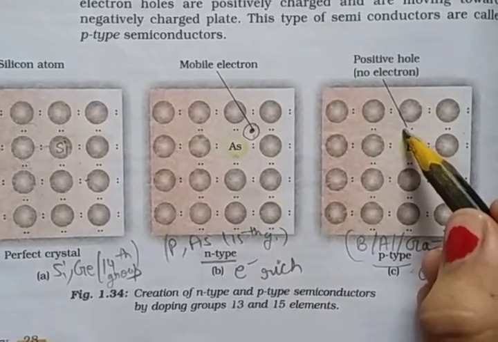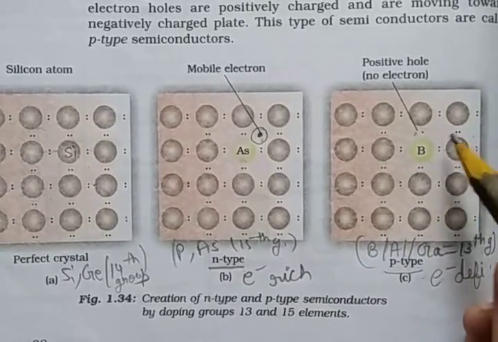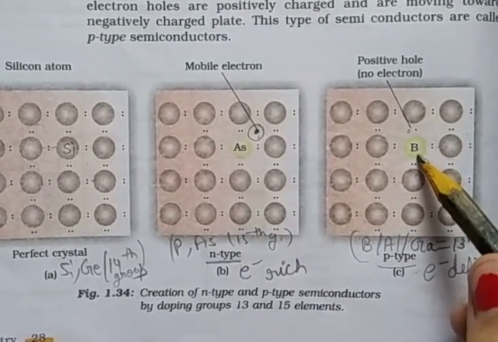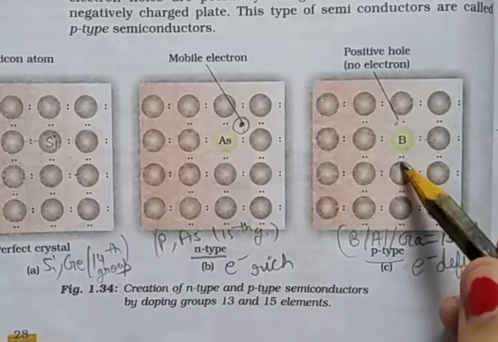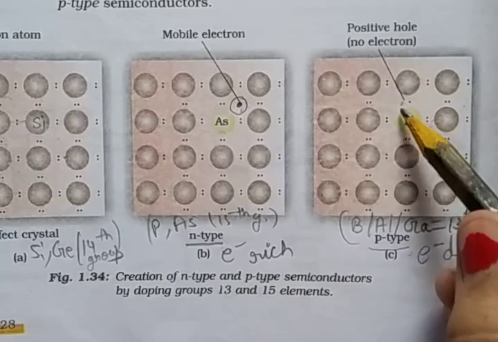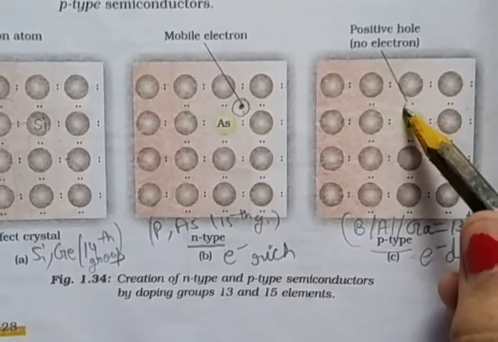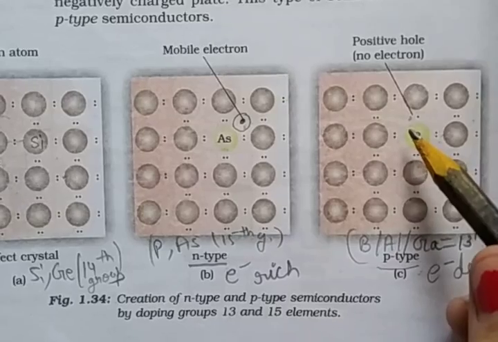Clear? So silicon and germanium can be doped with group 13 elements like boron, aluminium and gallium, which contain only 3 valence electrons. The place where the 4th valence electron is missing is called an electron hole, otherwise positive hole, or electron vacancy.